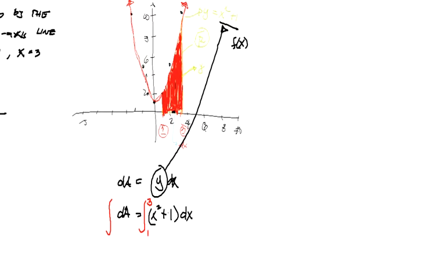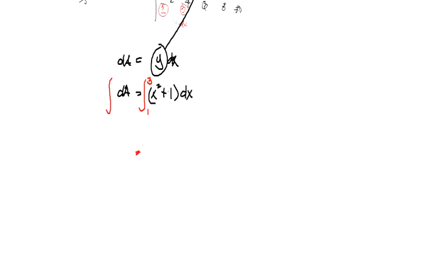So by doing that, we have A is equal to the integral of x squared plus 1 dx from 1 to 3. So we have to integrate this. We have x cubed all over 3 plus, the integral of 1 dx is just x, from 1 to 3.